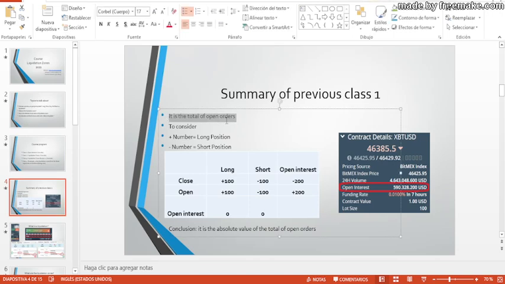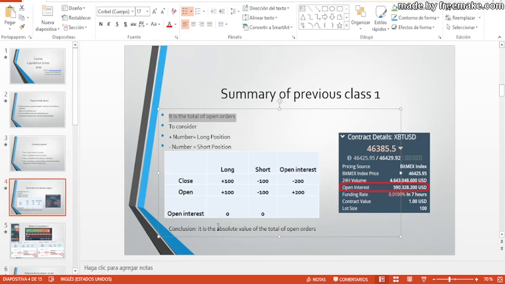The open interest is the total of open orders. If we have 2 closed orders, one long and one short, we have minus 200 open interest, and if we have 2 orders, plus 100 and minus 100 of short, we will have plus 200 open interest.